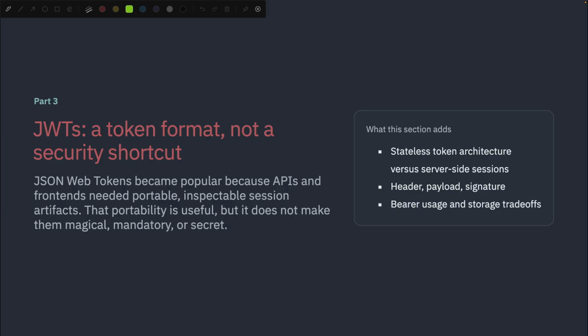The other part will be, well, what about JWTs? It's a token format, not a security shortcut. JWT is the abbreviation of JSON Web Tokens. They became common because APIs and front ends need portable, inspectable session artifacts. The good things about those: they are a stateless token architecture, with header, payload, signature, and bearer usage for storage, and they're traceable. There are no server-side sessions here.